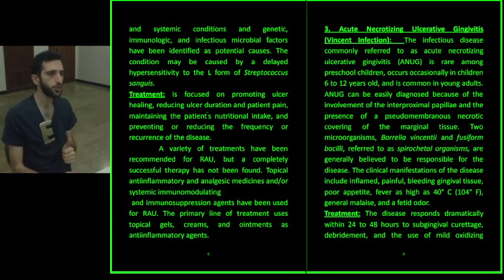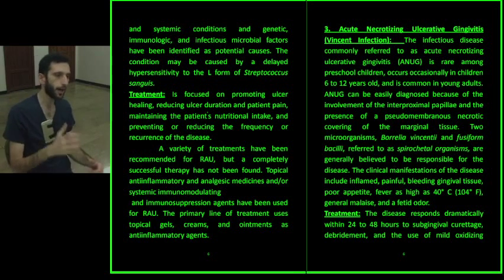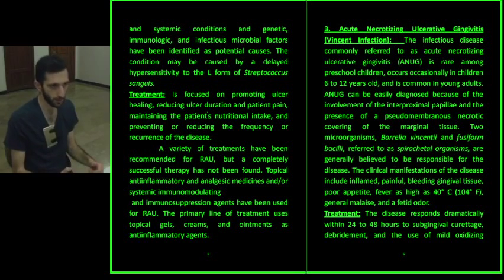It can be easily distinguished because of the involvement of interproximal papillae and the presence of a pseudomembranous necrotic covering of the marginal tissue. Two microorganisms, Borrelia vincentii and fusiform bacilli, exist in this disease.